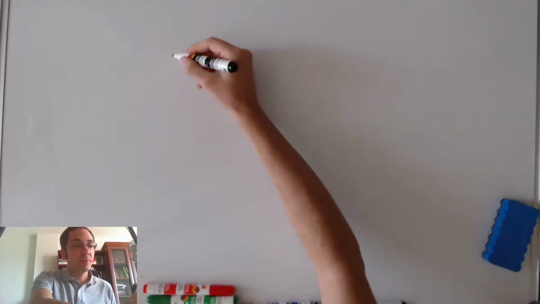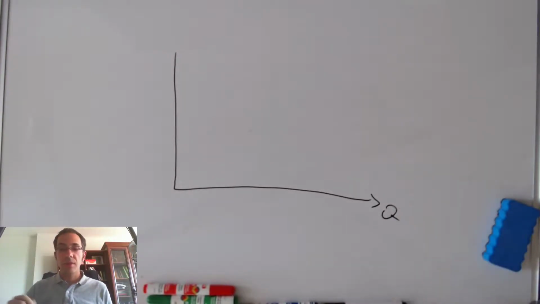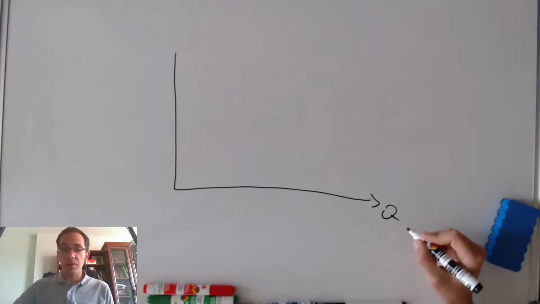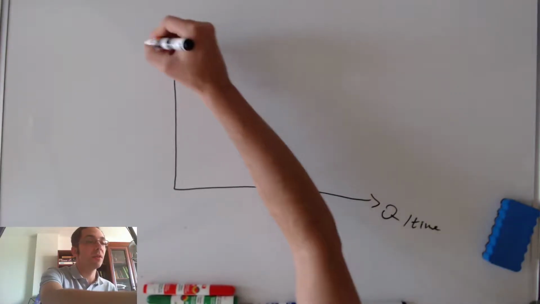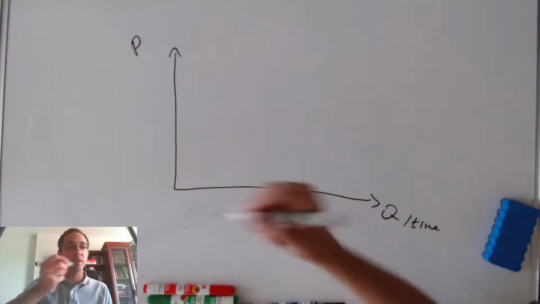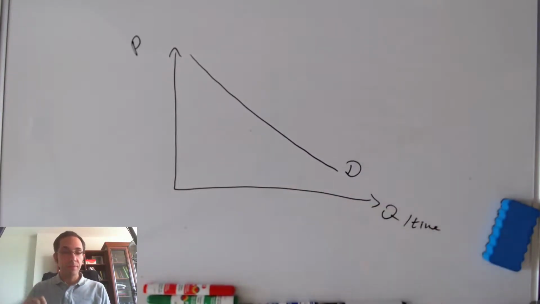Okay, so in this diagram, we're going to have the quantity of X that's being demanded for a given time period. And then on the vertical axis, we're going to have the price of X. And this is our typical downward sloping demand curve.